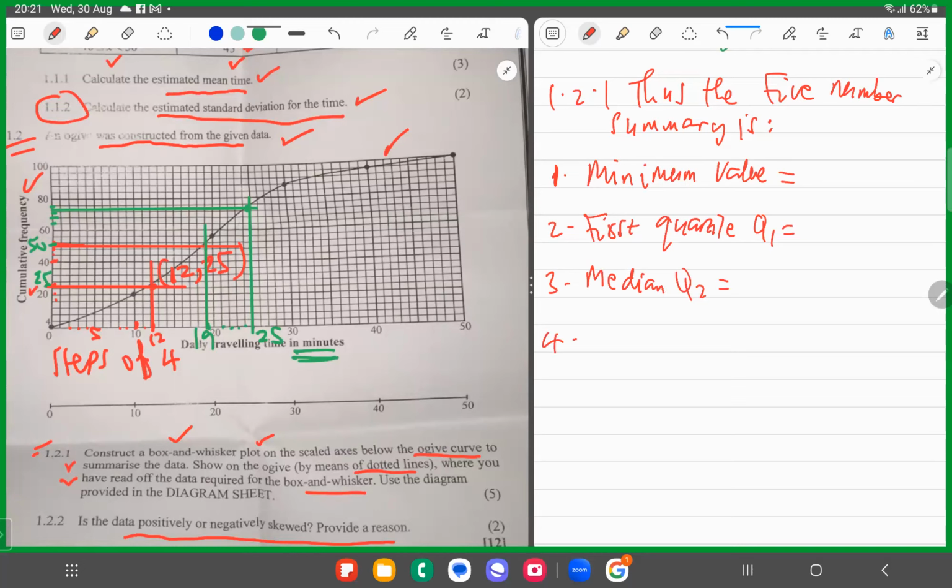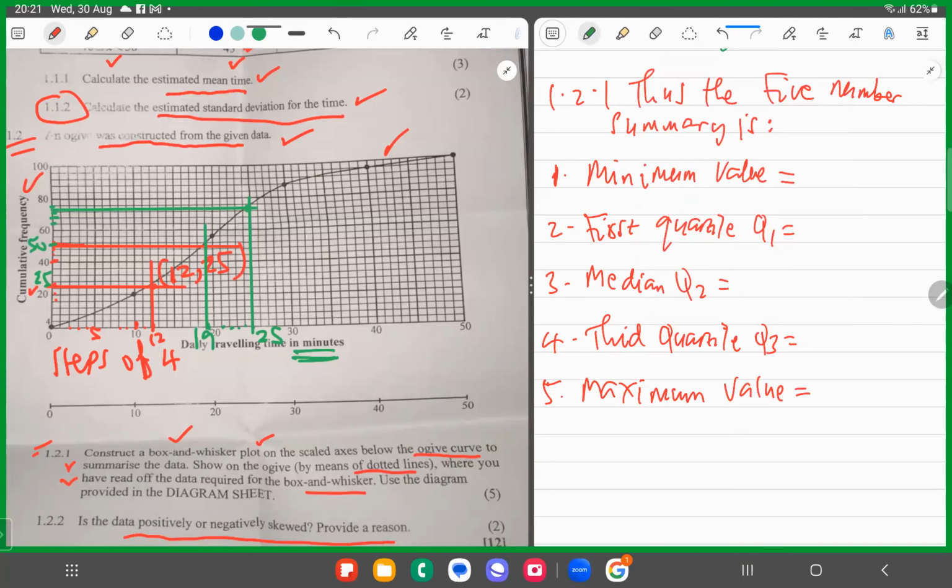We saw the formula for the median for grouped data. 4, the third quartile, Q3. And then 5, we're going to have the maximum value. Okay, this is called the 5-number summary.